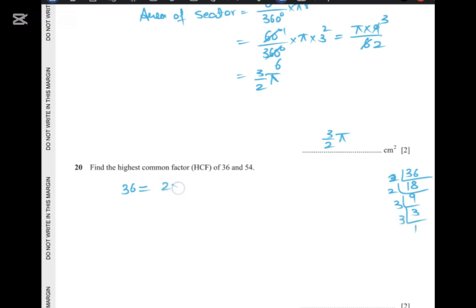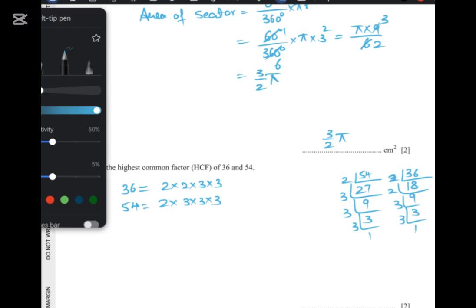So it is 2 into 2 into 3 into 3. 54, find out in the same way. 2 twos are 4, 2 twenty-sevens are 54, 3 nines are 27, 3 threes are 9, 3 ones are 3. So it is 2 into 3 into 3 into 3.